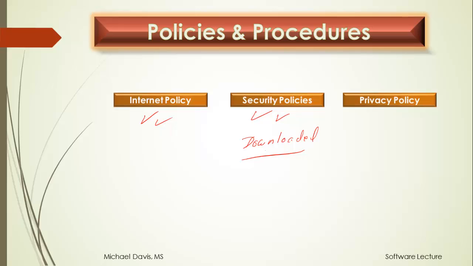Privacy policy. Do you have a right to expect information about yourself to be kept private? Well, you do. And so as a result, organizations have privacy policies where they tell you what they will and will not do with the information that you give them.